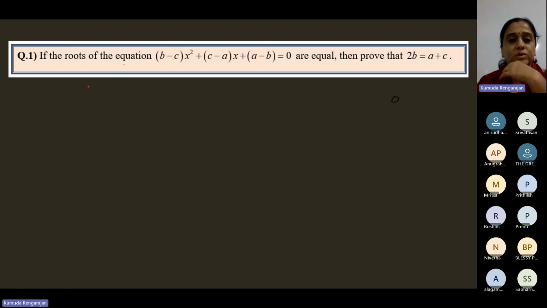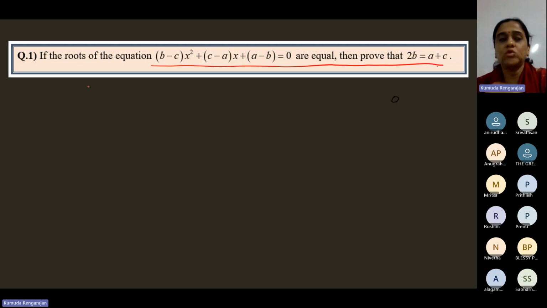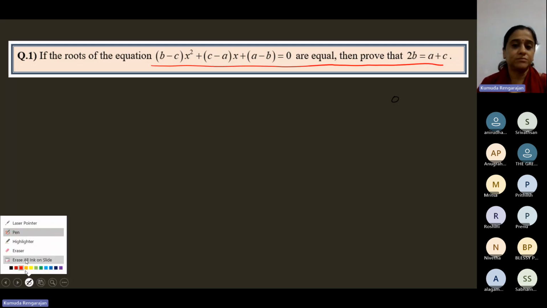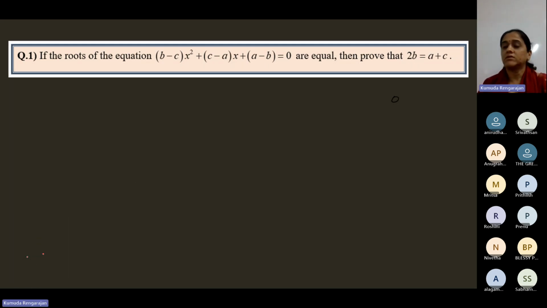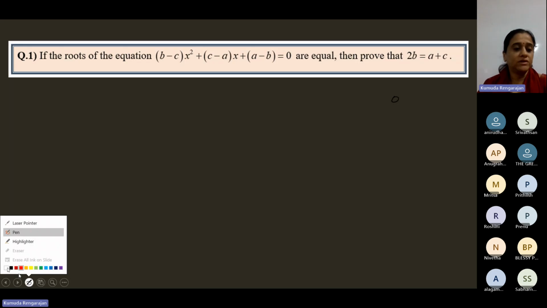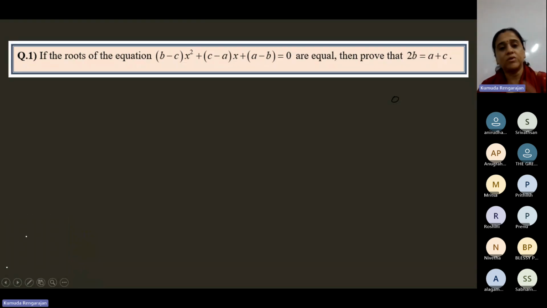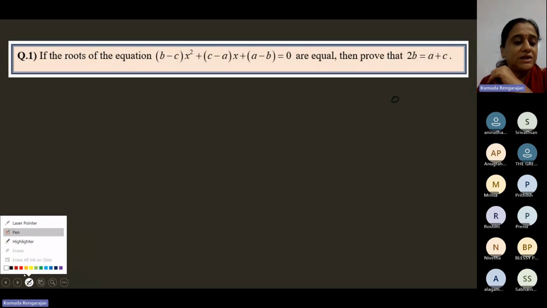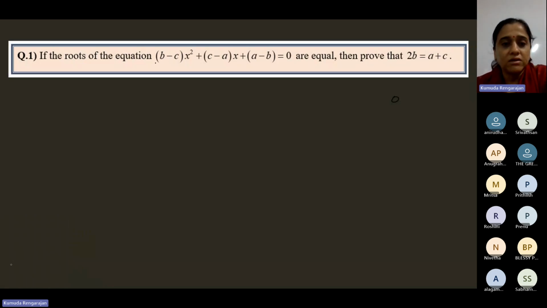If the roots of the equation are equal, then prove that 2b is equal to a plus c. Okay. The roots of the equation are given to be equal. Now, is the equation in the standard form? Can you see three distinct terms? X square term, x term, constant is equal to 0.